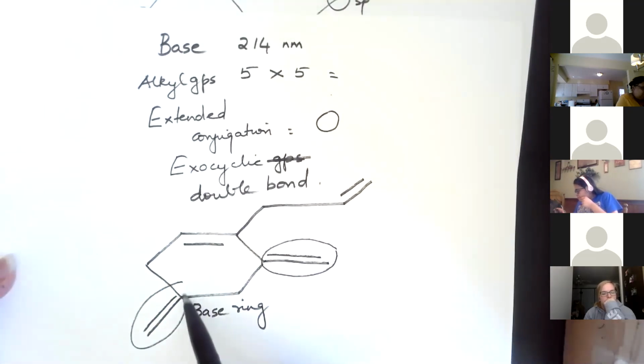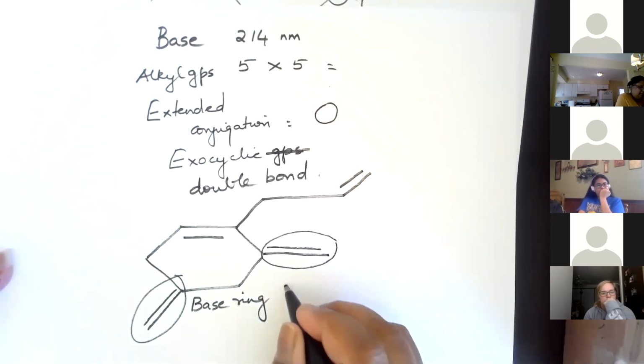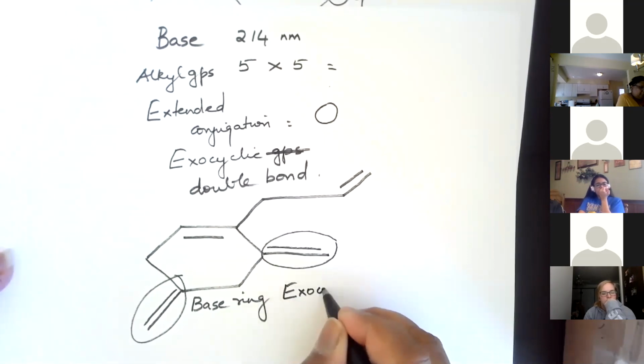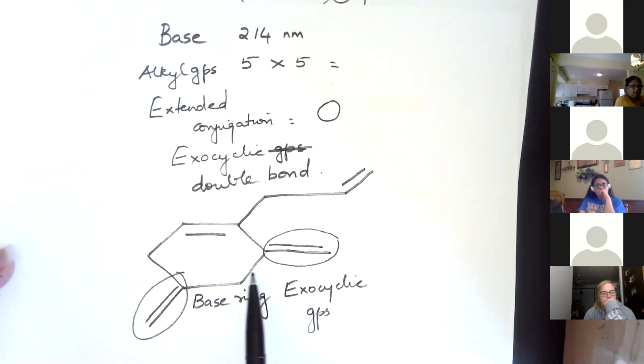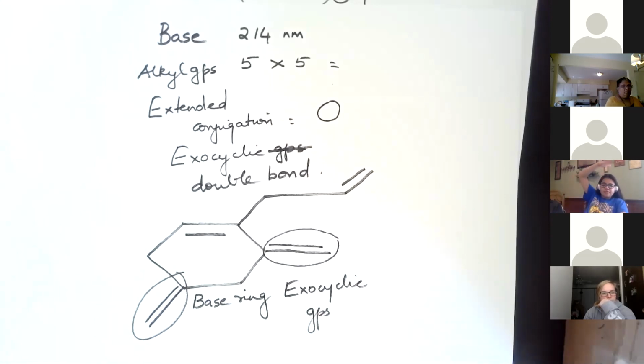1, 2. Adele, do you understand exocyclic? Not from the example given, but from the example that I've drawn here, there are 2 exocyclic. Yeah, I get it now. You get it now? Okay. Wait, hold up. How many is it in this example? You said 2?